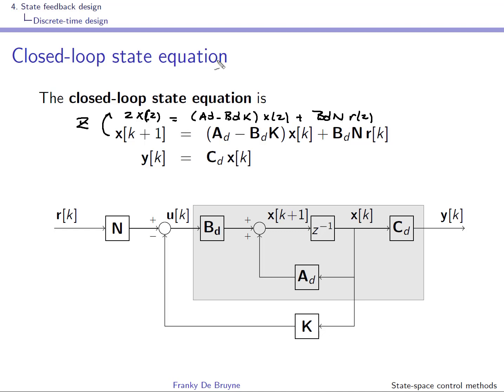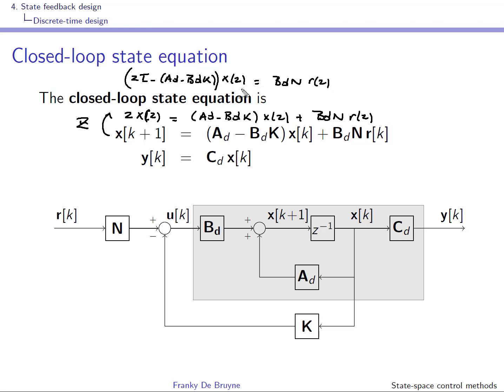So if you reorganize things, you can write this as zI minus AD minus BD K, times X of z, equals BD N R of z.